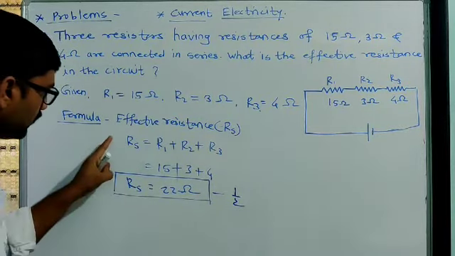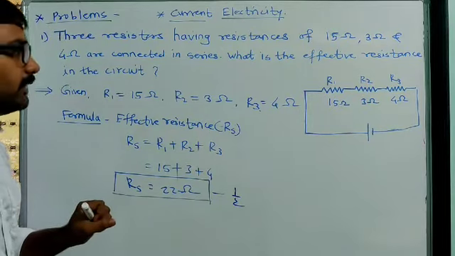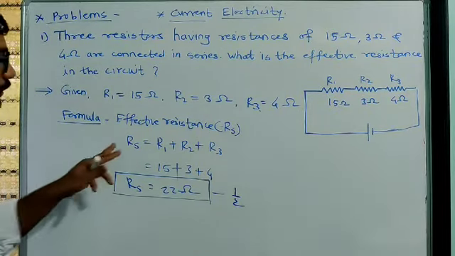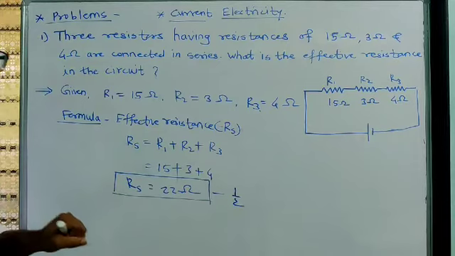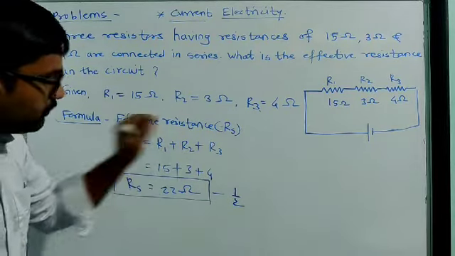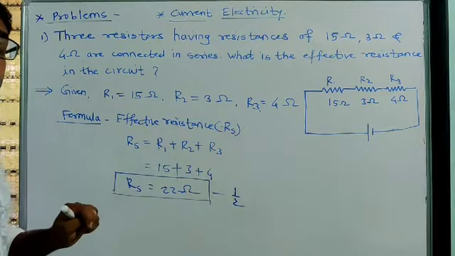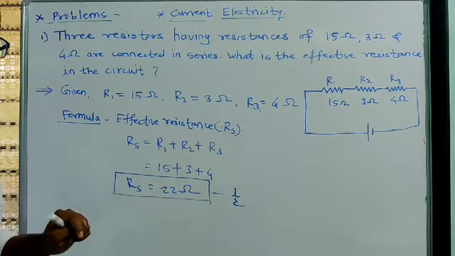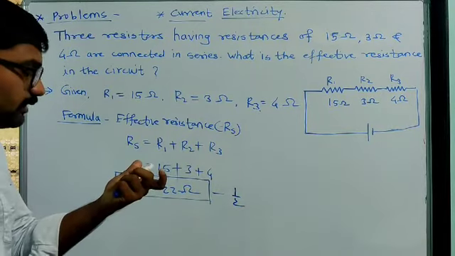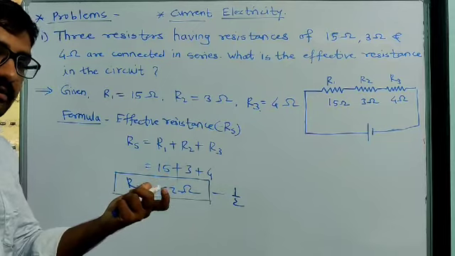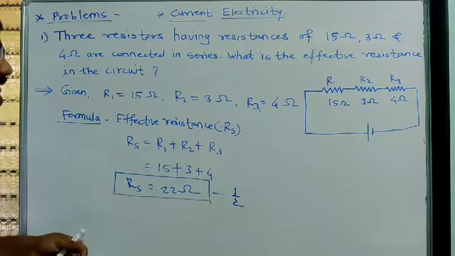Okay, so effective resistance in series connection is given by Rs is equal to R1 plus R2 plus R3. The effective resistance is nothing but the addition of all the values of resistances that are connected in a series connection.